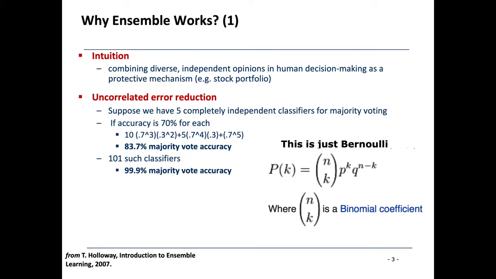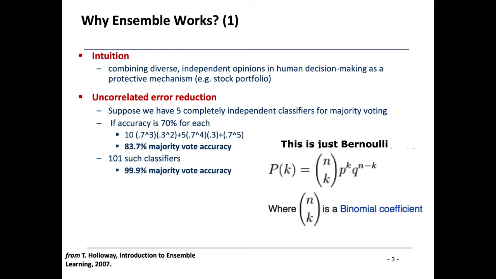For 3, 4, 5, we've got 3 terms. So it's 10 times 0.7 to the power 3 times 0.3 to the power 2, plus 5 times 0.7 to the power 4 times 0.3, plus 0.7 to the power 5. Those are the 3 terms in that Bernoulli distribution.